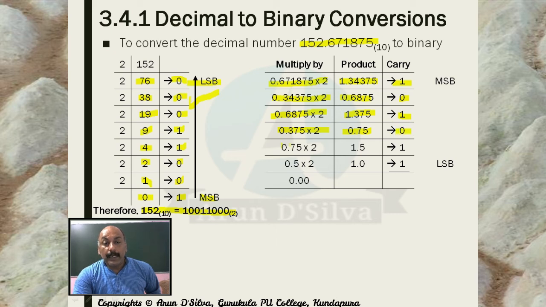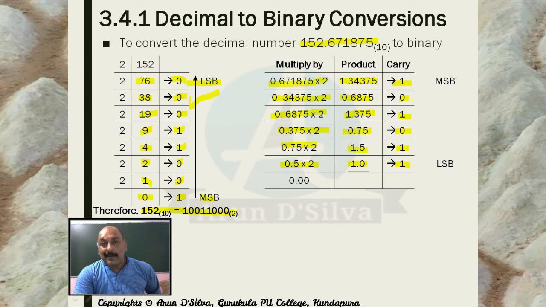Again I multiplied 0.75 by 2. I got 1.5. So I got carry 1. And 0.5 I send down, I multiply by 2. I got carry 1 but the fraction part is 0. So the carry I have noted down here. Next we cannot multiply because the fraction is 0.